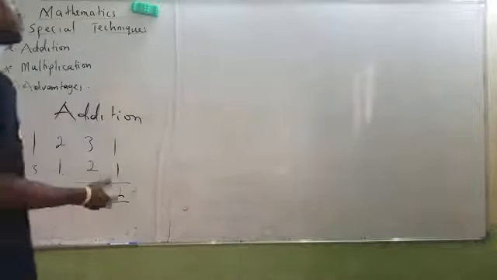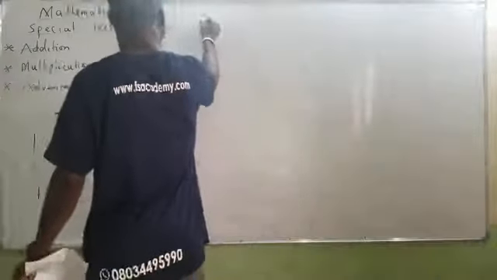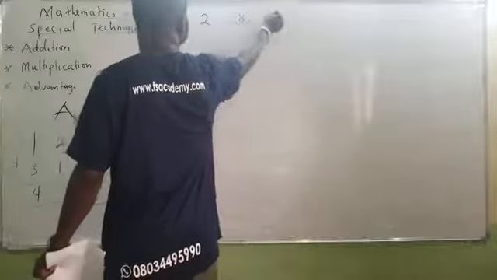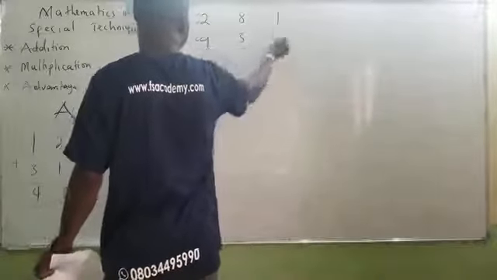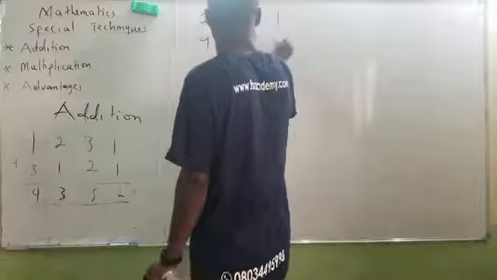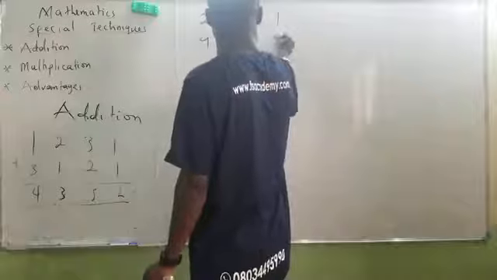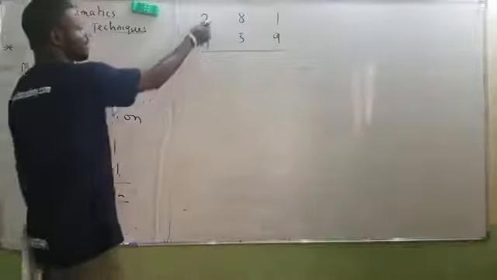Now, but there is another way of doing something like this. For instance, if I have 2, 8, 1 plus 9, 3, for instance, I can call it 8. Okay, let me call it 9. Now, I want to add up this number. Look at this. I will just move on by this plus this.